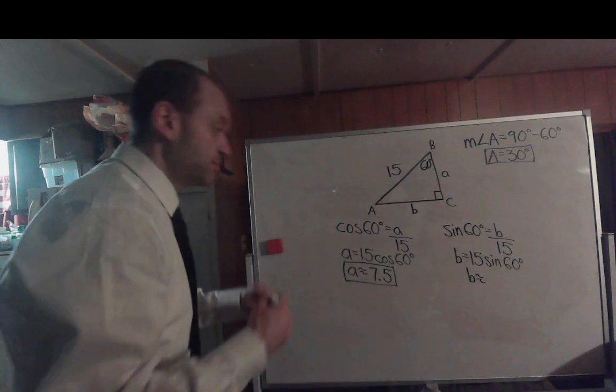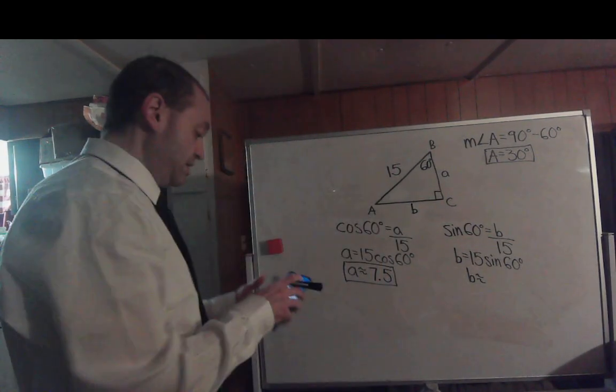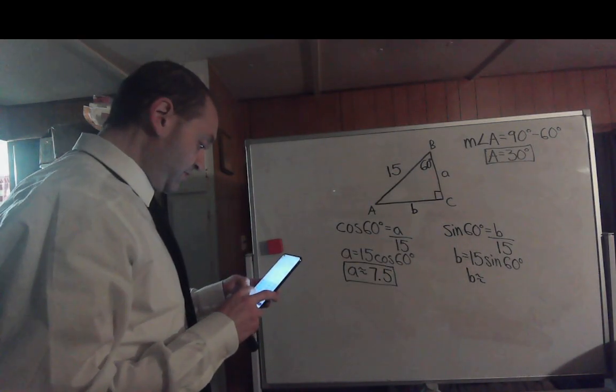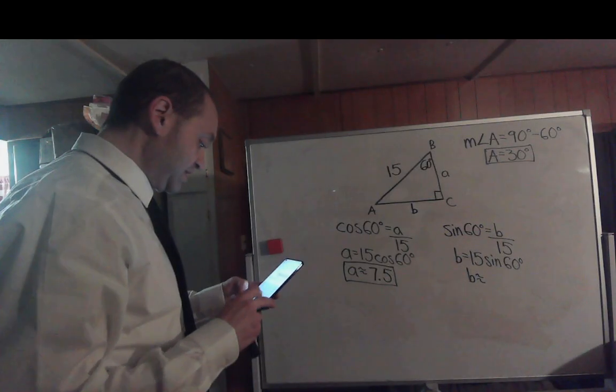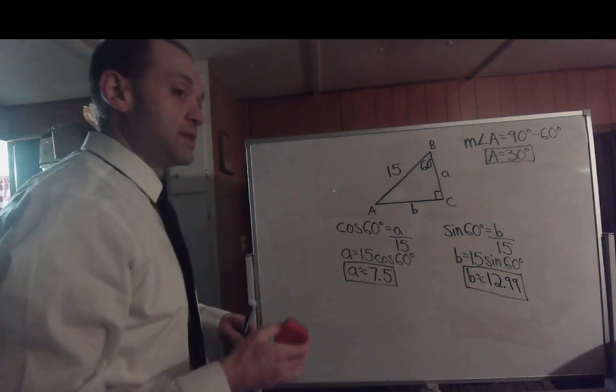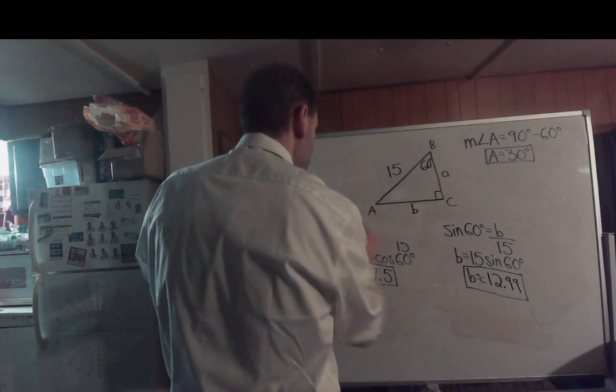And now we can get a two decimal place approximation for side B. So 15 times the sine of 60, to two decimal places, gives you a length of about 12.99. So B is approximately equal to 12.99 units.